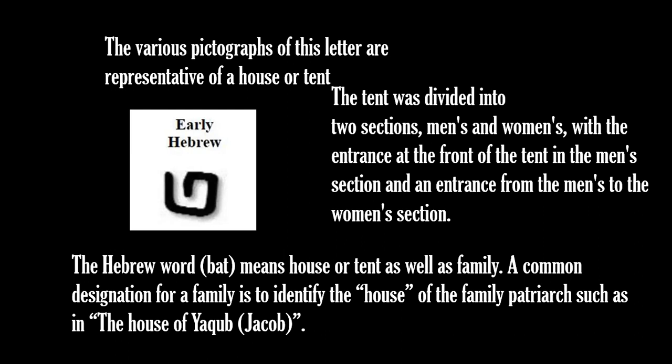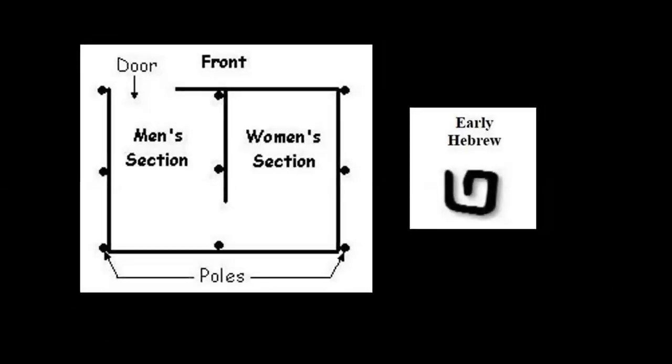So the representation was the house of, and then the patriarch was named. Just as the people of the Most High dwell in his house, the house of YaHUaH is the people of the Most High that are associated with YaHUaH.